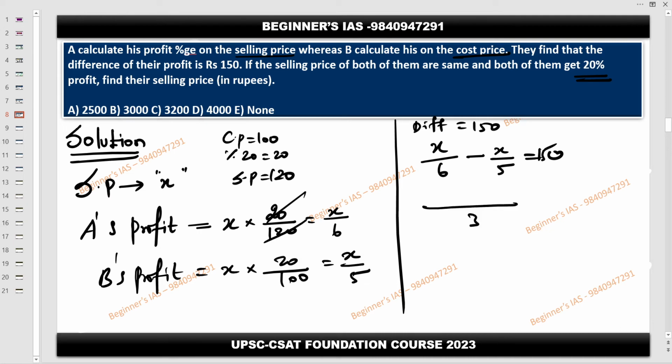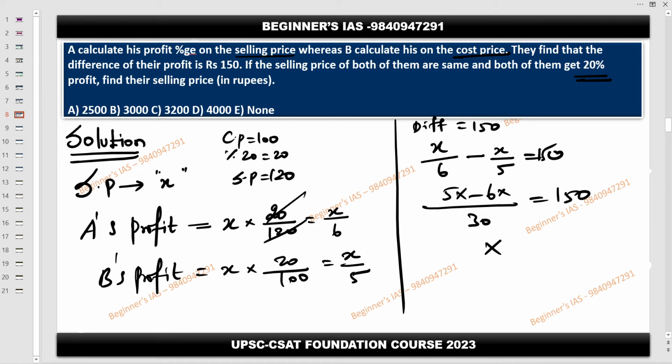Now take LCM as 30 here. Then cross multiply, 5x minus 6x. So you can take X by 5 also, not an issue here. So therefore here 150.